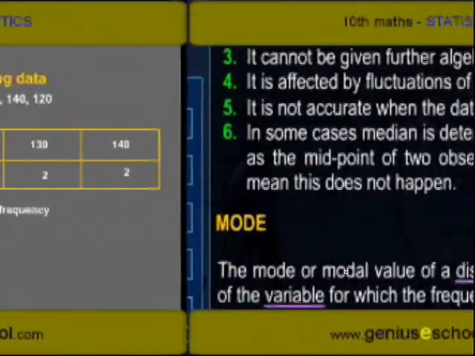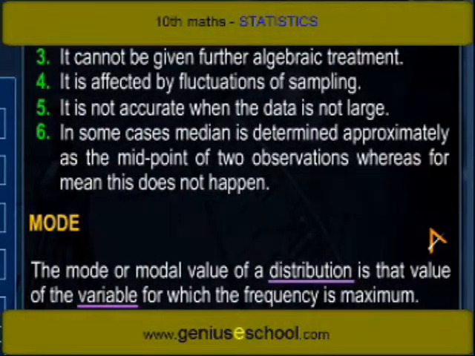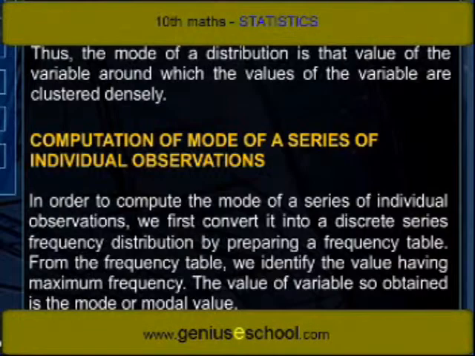The modal value of a distribution is that value of the variable for which the frequency is maximum. Thus, the mode of a distribution is that value of the variable around which the values of the variable are clustered densely. Computation of mode of a series of individual observations.